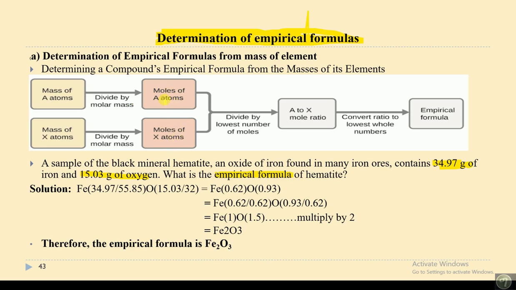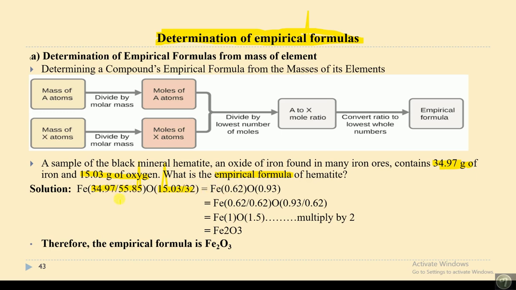It's an iron oxide, the mass of iron is given and the mass of oxygen is given, so convert to moles. For iron, 34.97 grams divided by the molar mass, the atomic mass 55.85. For oxygen, 15.03 is the given mass, divided by 32, since oxygen is molecular.